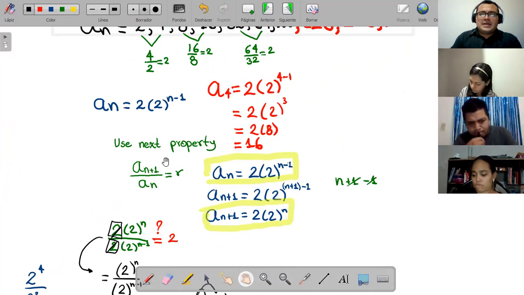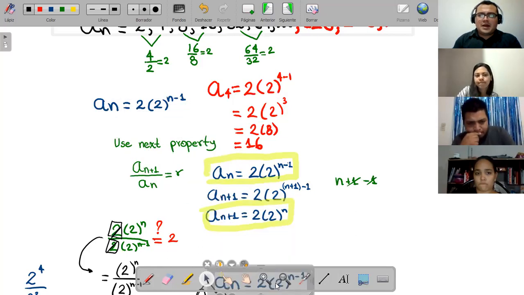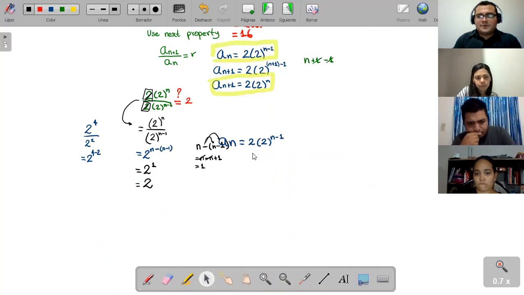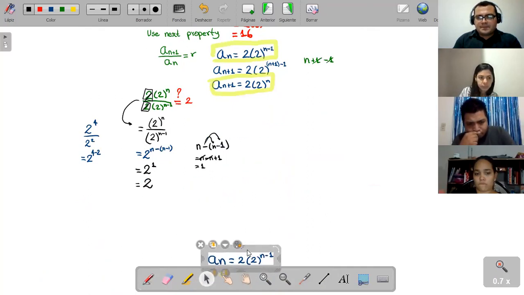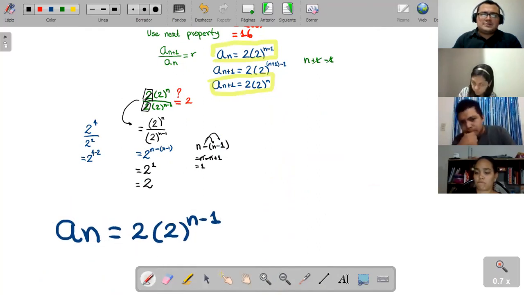For that reason, we can say that this makes a geometrical sequence, or we are 100% sure of this with this little proof we made. So this is the way, and if you see it's a little similar to the other one, just that you use other properties.